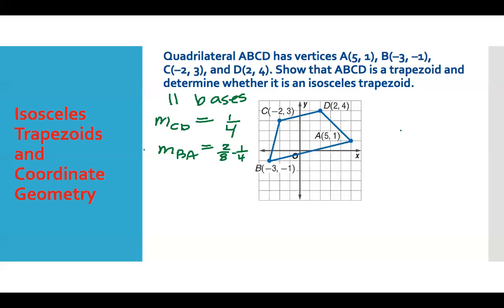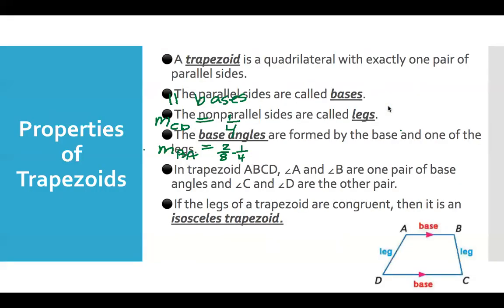But for a trapezoid, no. Because let's look. It's going to be kind of messy for a minute. A trapezoid has exactly one pair of parallel sides. Do we have one pair of parallel sides? Yes. So is there anything else that we need to have for a trapezoid? Absolutely not.